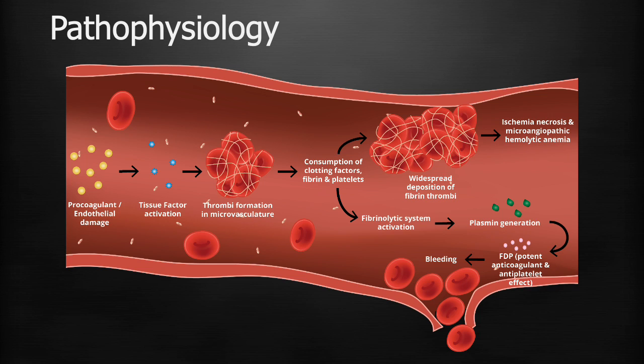In DIC, microangiopathy is caused by the formation of microthrombi in the microvasculature. The microthrombi can cause obstruction of blood flow and damage the vessel walls. This can lead to a number of complications such as organ dysfunction, bleeding, and death.